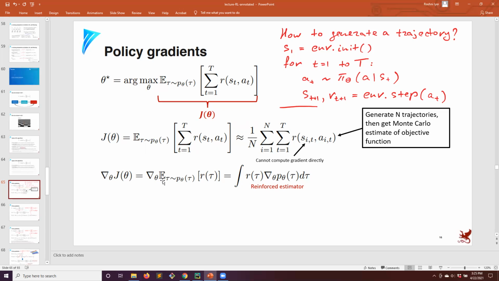So we have the gradient here, the expectation of this r of tau, and we can rewrite this as an integral of this reward r of tau times the gradient of the policy of tau. And this part we call the REINFORCE estimator.